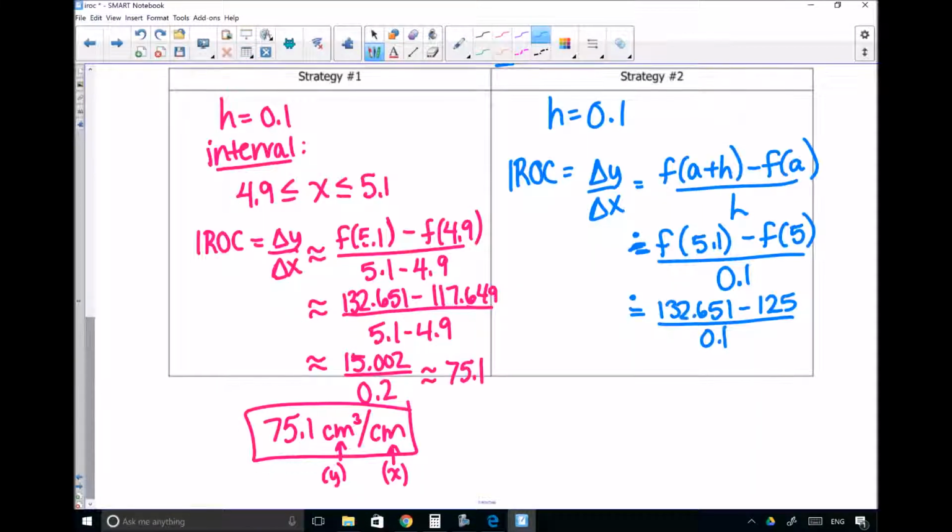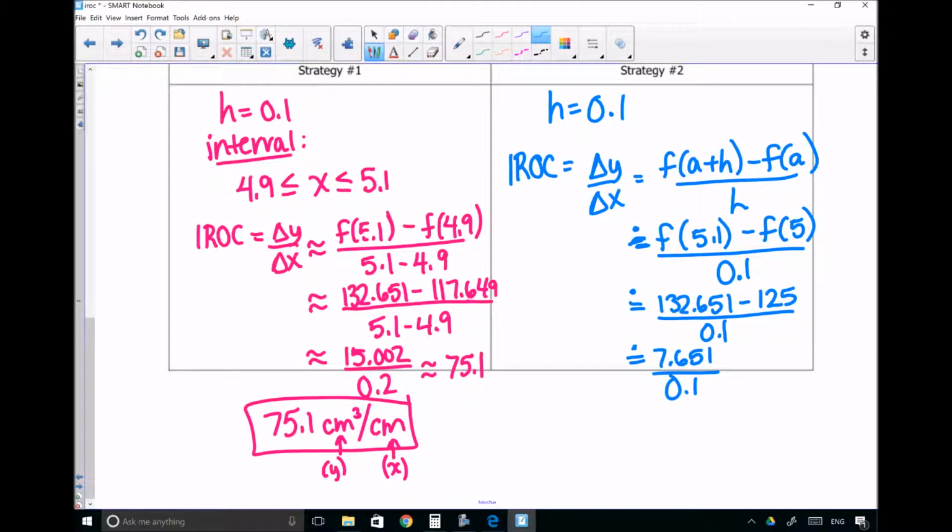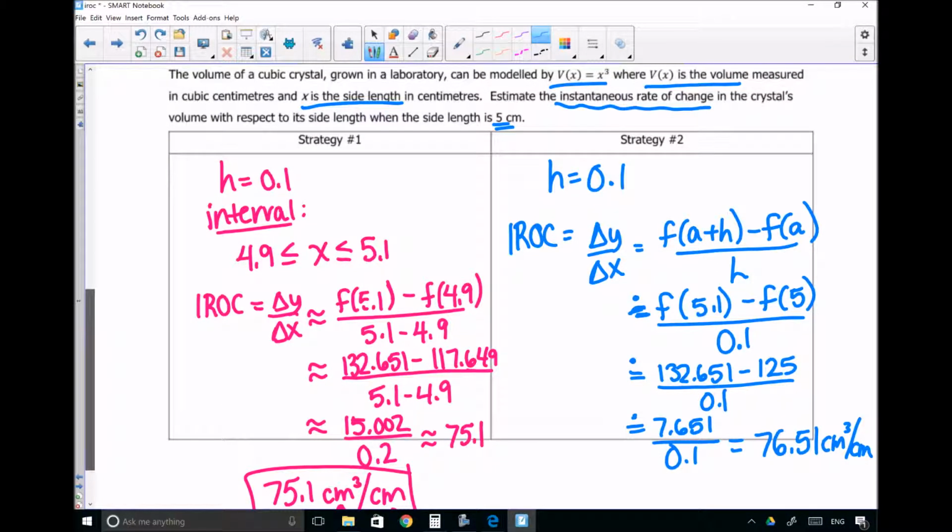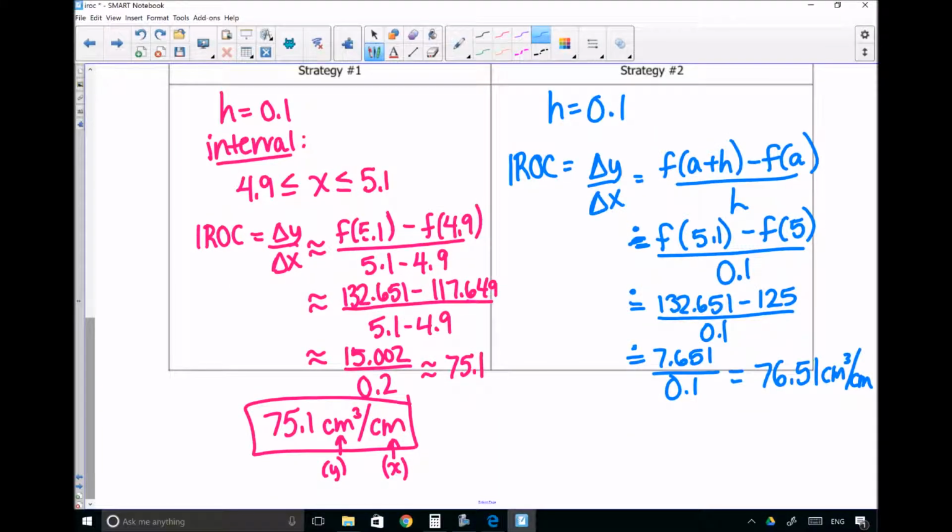So then when I go ahead and do my subtraction right here, I get approximately 7.651 over 0.1, which is going to give me 76.51 cubic centimeters per centimeter. Okay, so those are 2 different strategies that we can use to find the estimate of an instantaneous rate of change until you get to calculus.